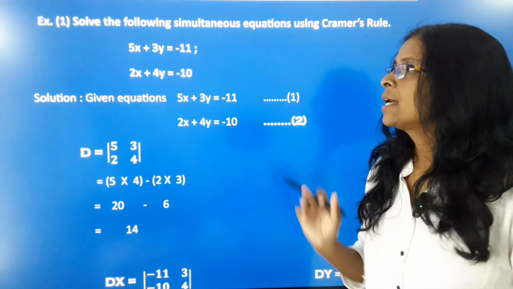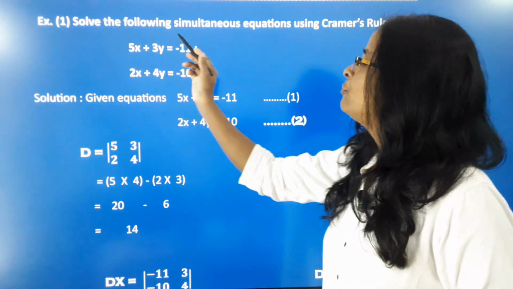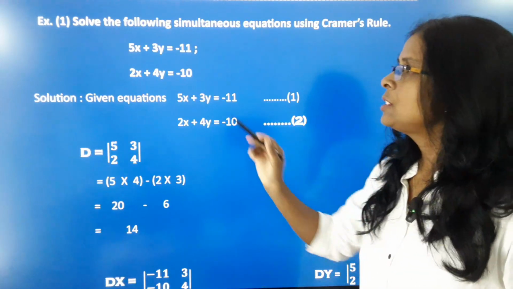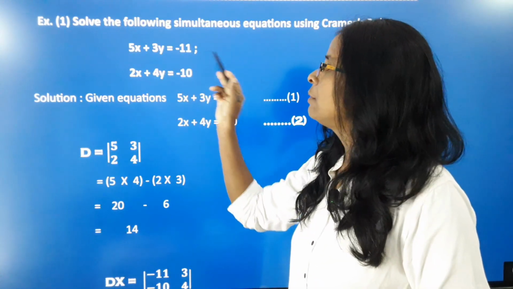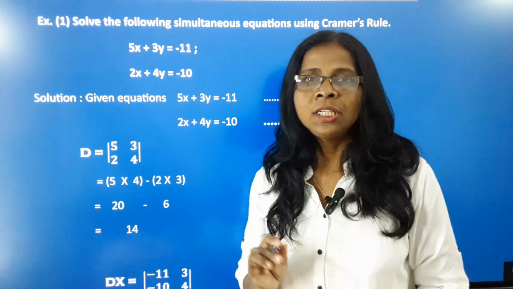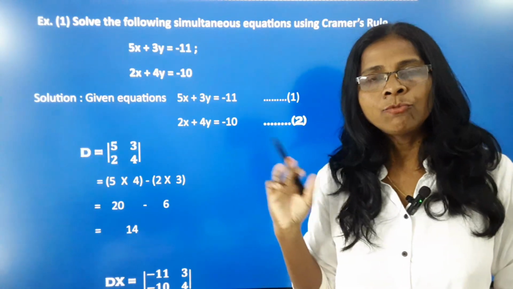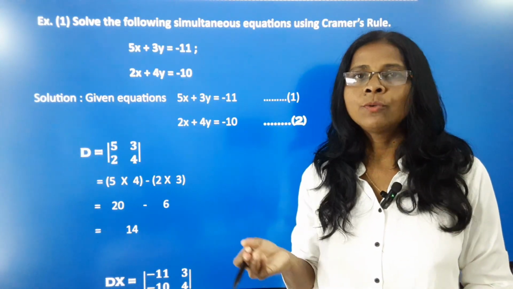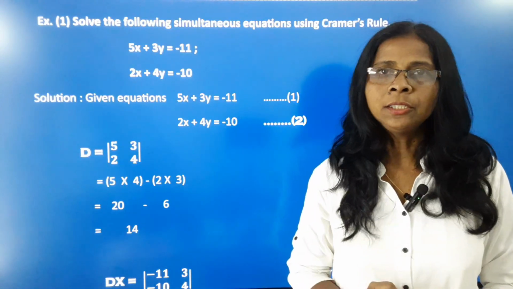Students, see example 1. Solve the following simultaneous equations using Cramer's rule: 5x plus 3y is equal to minus 11, 2x plus 4y is equal to minus 10. We have to solve these by Cramer's method, or the determinant method.